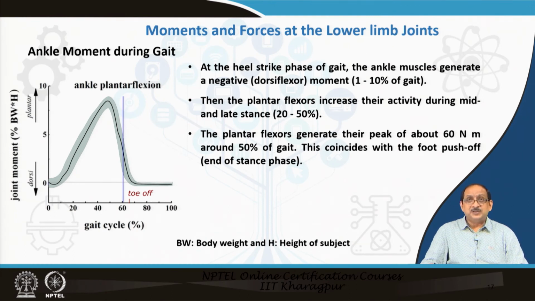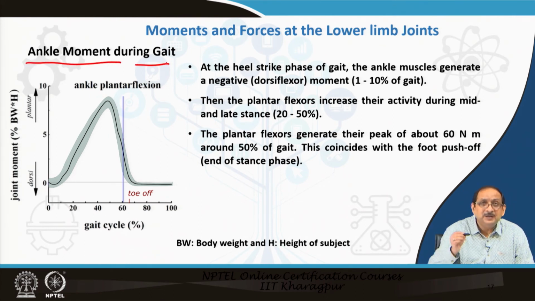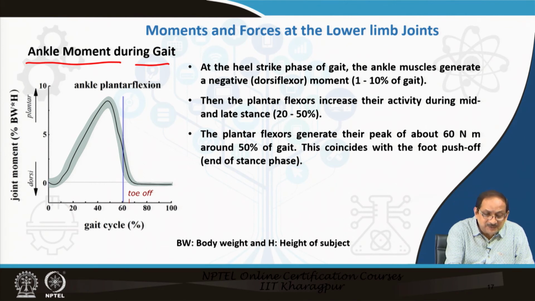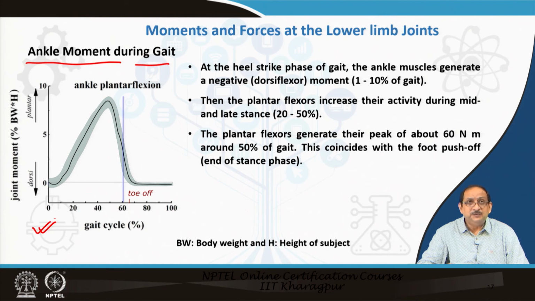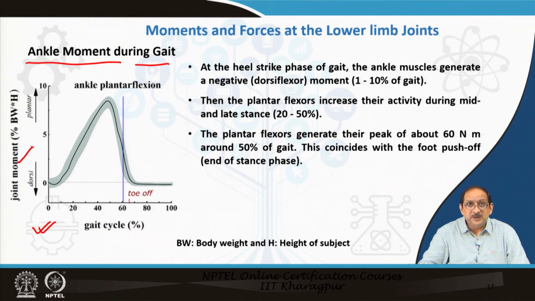Let us now discuss the joint moments and forces at the lower limb. Let us first consider the ankle moment during a gait cycle. In the figure presented on the left, the variation of the joint moment during a gait cycle is presented. So, we start with heel strike.